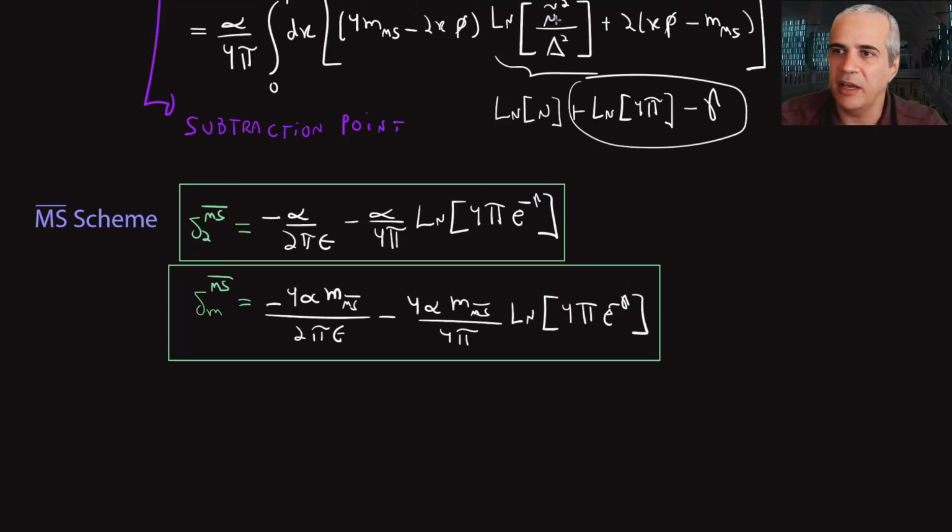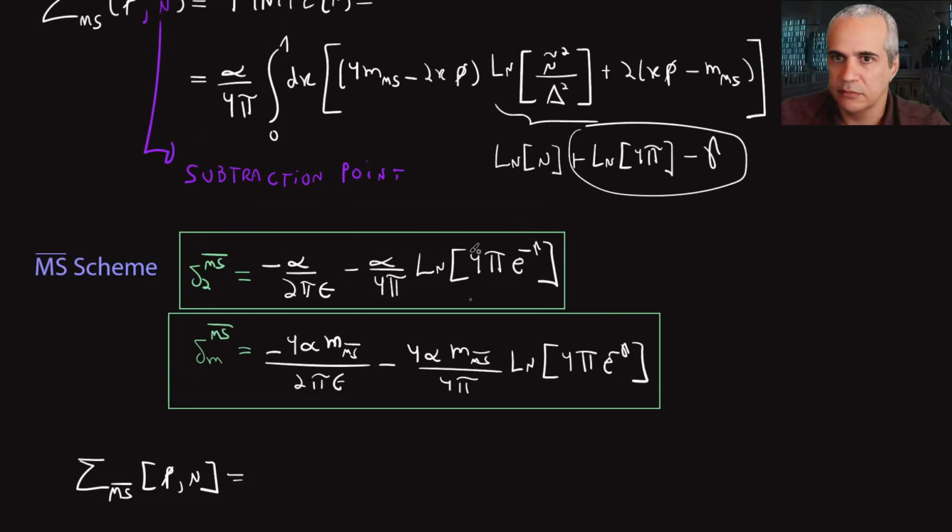Just in here, I have dependence on this mu tilde constant, and here it will be really mu, because I'm eliminating the finite part, and I end up with sigma MS bar of p slash over mu, right, which is this very same thing.